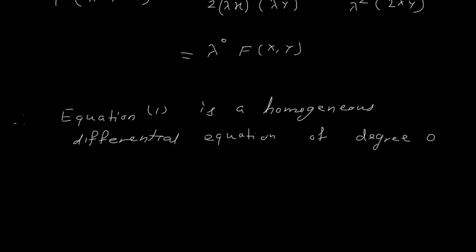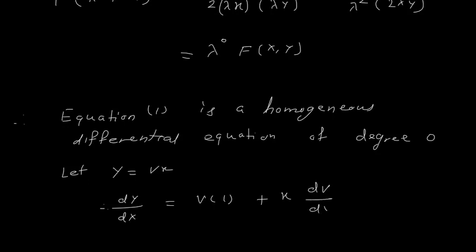So what I will do, I will say let y is equals to vx, therefore dy upon dx is equals to v into 1 plus x into dv upon dx.